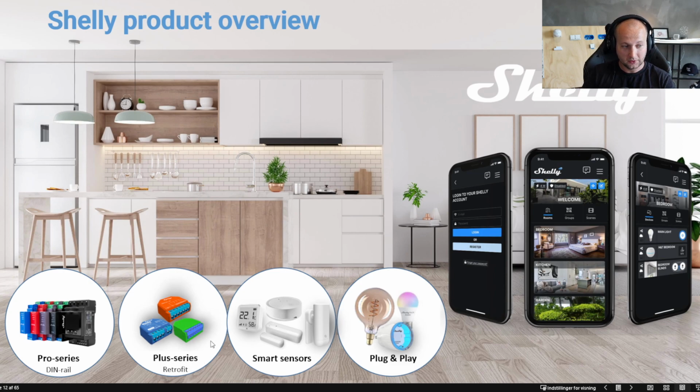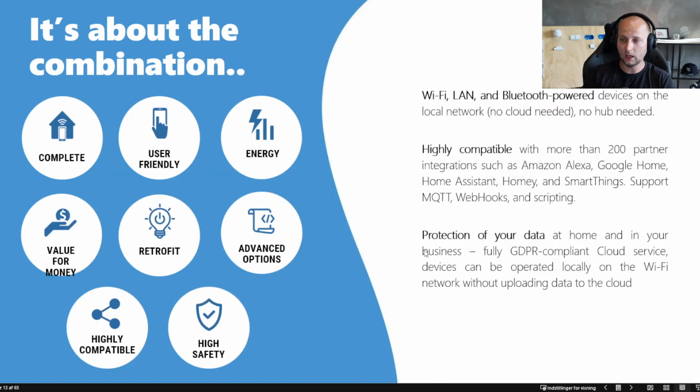But well, the retrofit range, so small relays, etc., like this one, which can be installed behind your wall switch in the ceiling box or something like that. We have a range of smart sensors, mainly battery operated, but also some live connected devices, and a range of plug and play devices, which is some smart lamps, smart bulbs, smart plugs, like that. I will go more into details very soon about all of the devices.